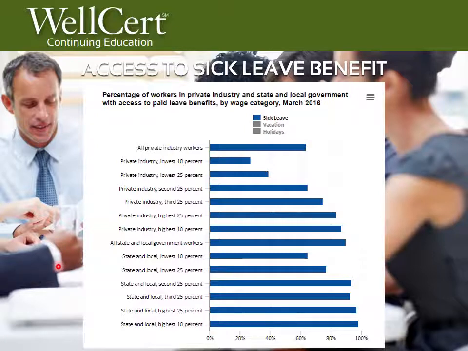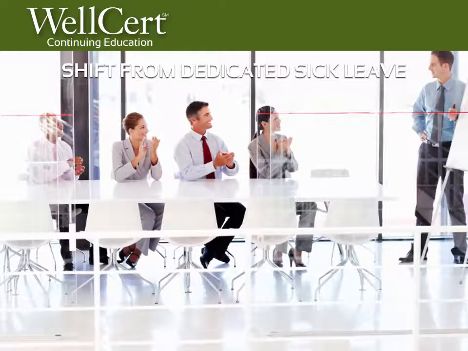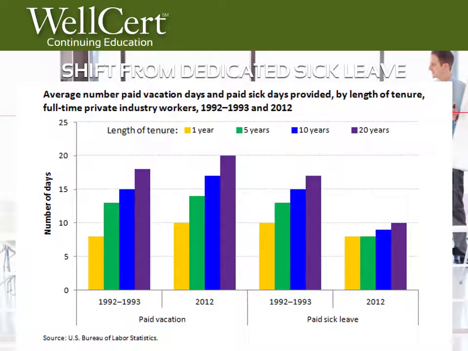Now, let's move on to the next graphic, which is going to examine another aspect of sick leave versus paid leave for private industry workers. This now shows us the shift from dedicated sick leave to the occurrence, and it looks at the pattern of the average number of paid vacation days and paid sick days provided by length of tenure for full-time private industry workers.